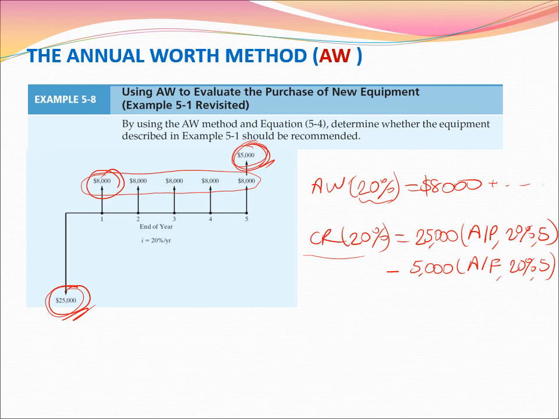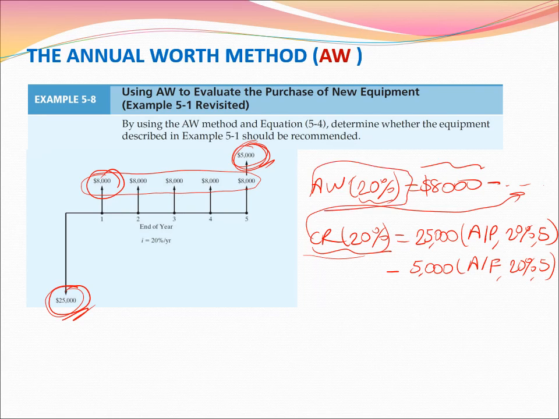And then here, in order to find the annual equivalent, I'm going to subtract this capital recovery from 8,000, because this is revenue, but this is cost. Please pay attention to costs and revenues and their signs. And after this you will find the annual equivalent.